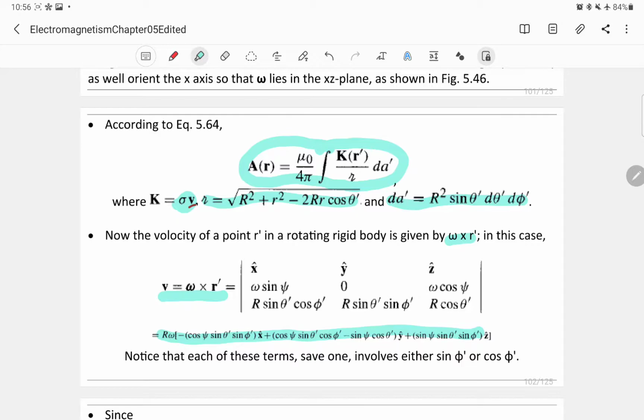Except for this term, every term has sine or cosine phi prime.